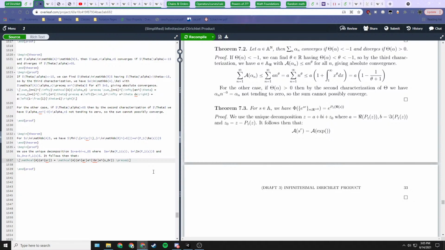This is preceding or equal to A. Actually, yeah, A is linear. E to the A, linear with complex coefficients, or complex numbers.